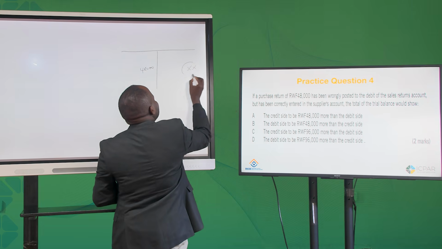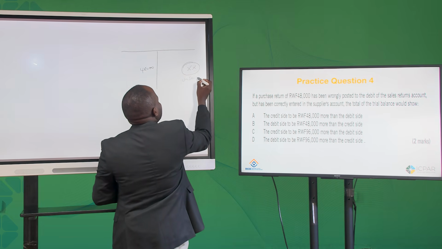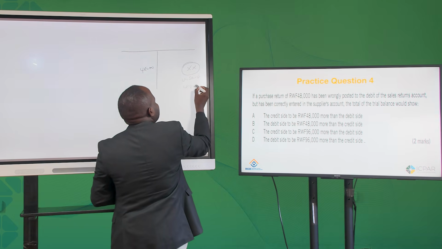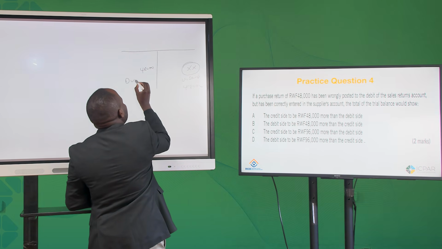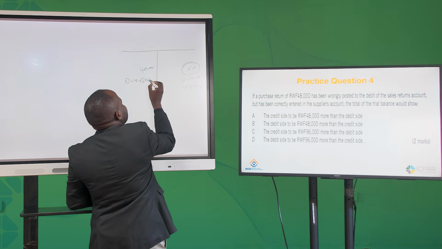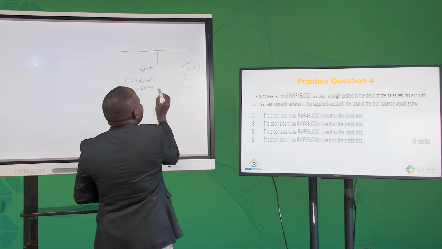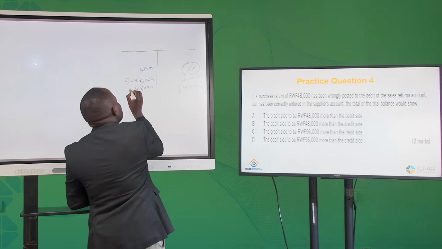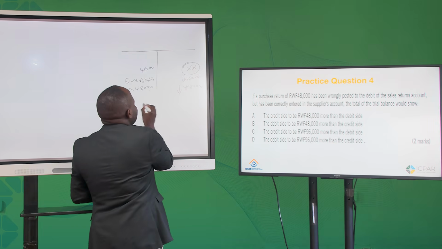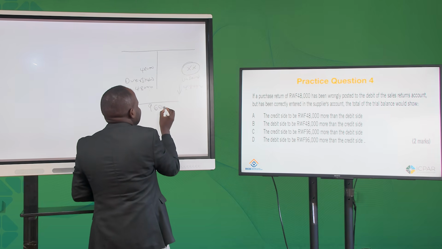Which means this side has been understated by 48,000, and this side has been overstated by 48,000. This went down by 48, this went up by 48. So the difference between these is 96.